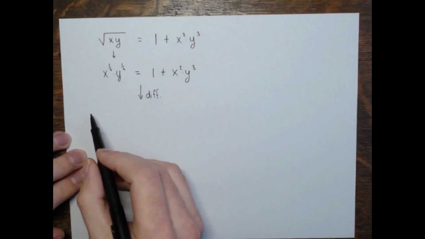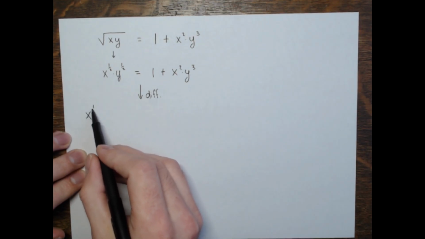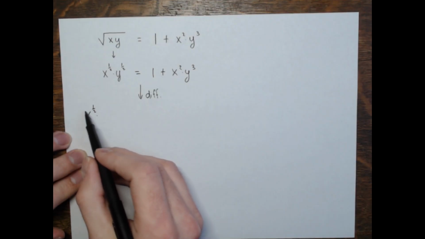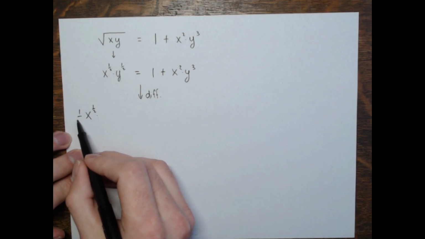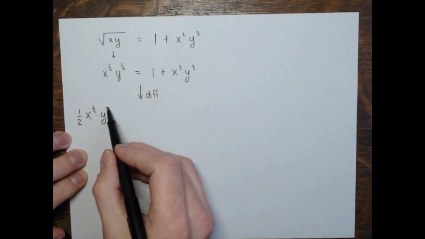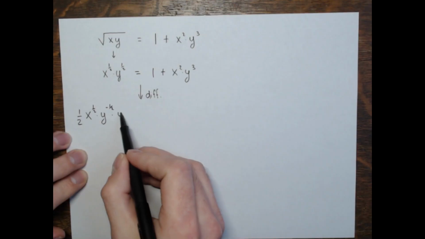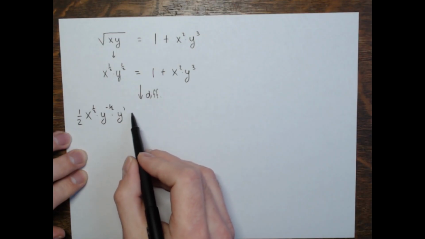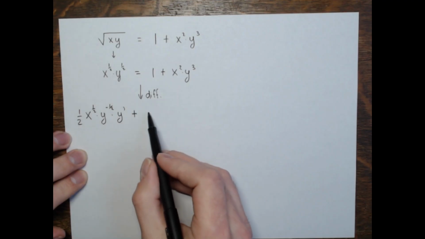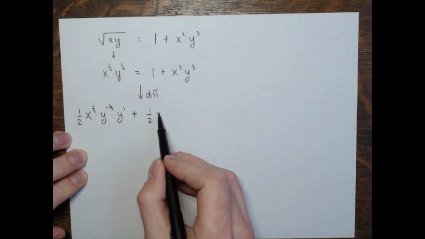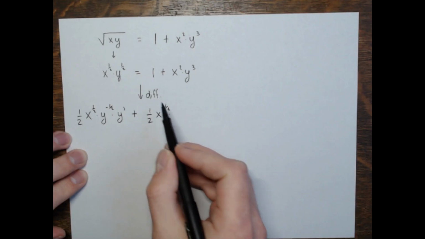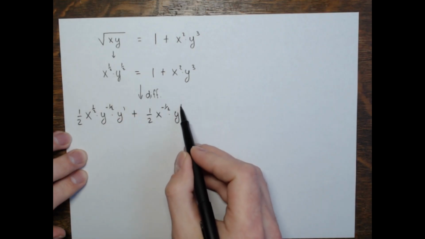Product rule here, so again I leave the first the way it is, x to the half. Derivative of y to the half would be half y to the negative half, times y prime, plus derivative of the first factor, half x to the negative half, and leave the second factor alone, y to the half.